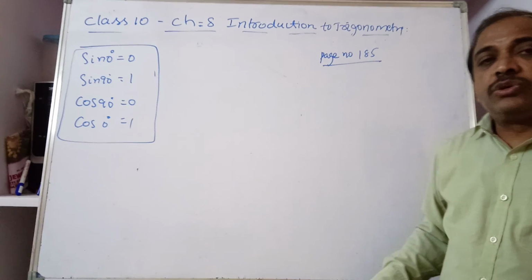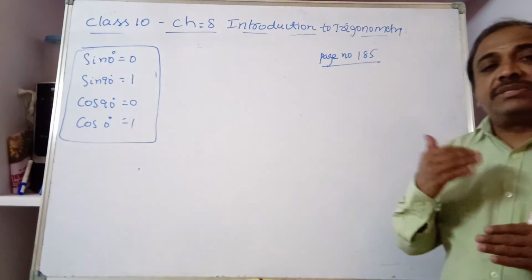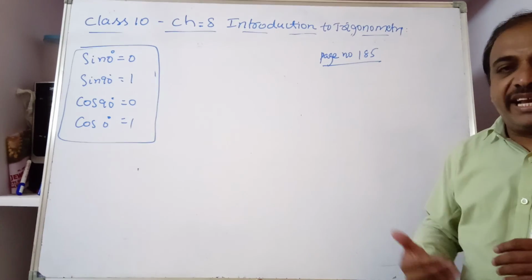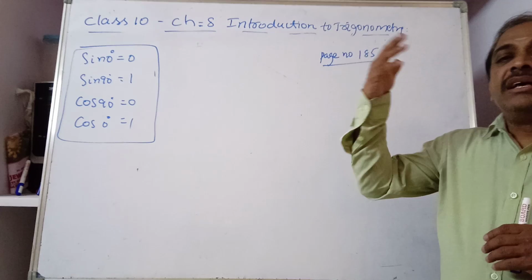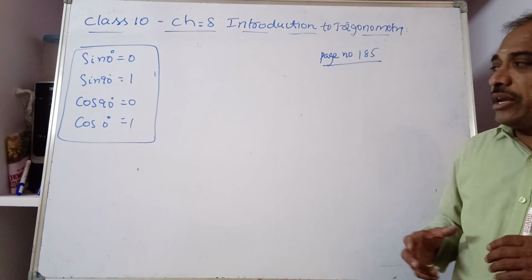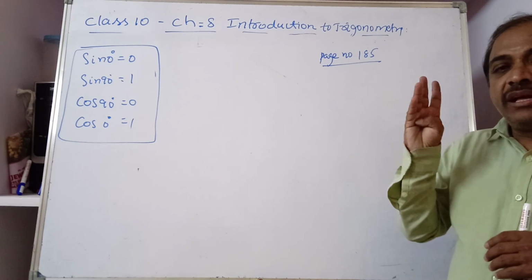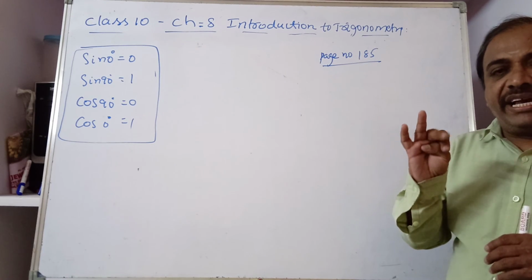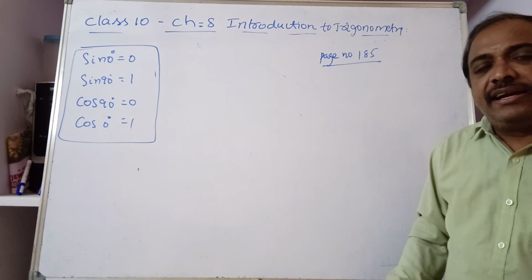Is it clear? So today we have discussed finding the values of the trigonometric ratios for some specific angles: sin 30, cos 30, tan 30, secant 60, cos 60, tan 90, cos 90. These are the specific angles 0 degrees, 30 degrees, 45 degrees, 60 degrees and 90 degrees.